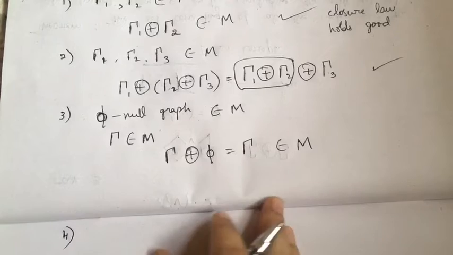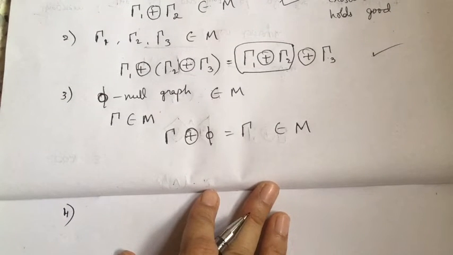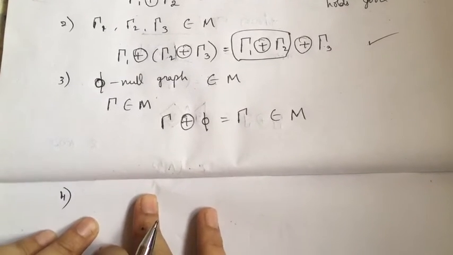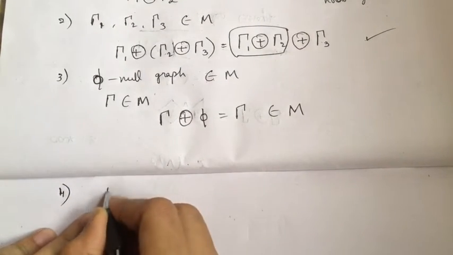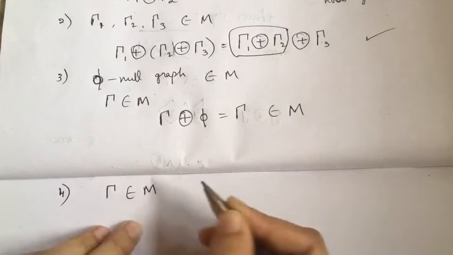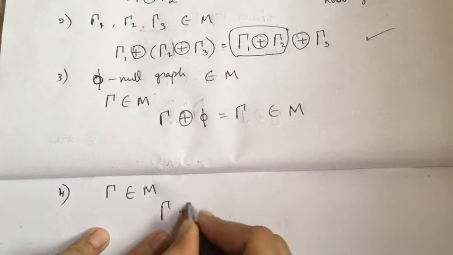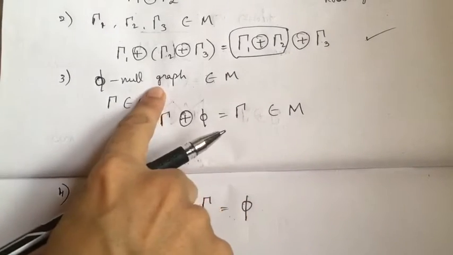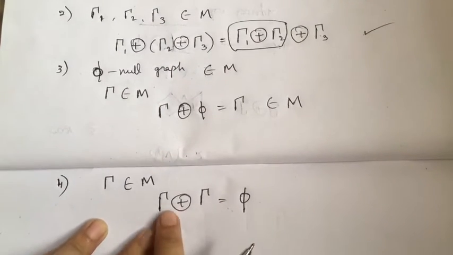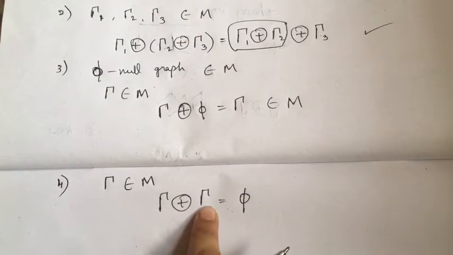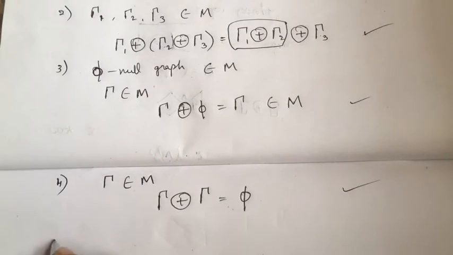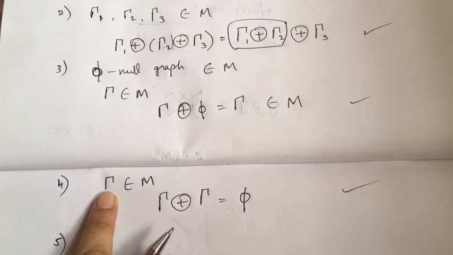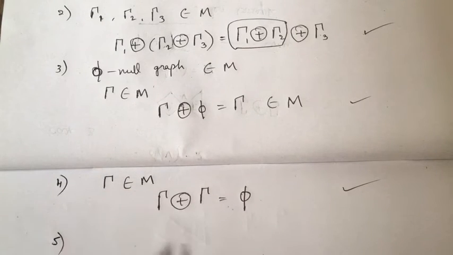When it comes to inverse, we know that ring sum of a graph with itself is a null graph. So for any circuit gamma belonging to M, gamma ring sum with itself gives me a null graph, which is the identity element in M. Therefore inverse of gamma is gamma itself. So inverse property holds. And the last property is commutative property.